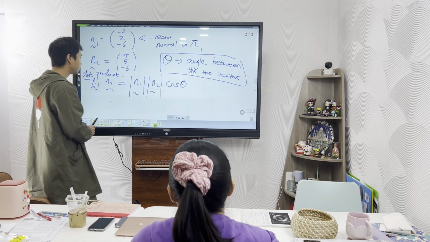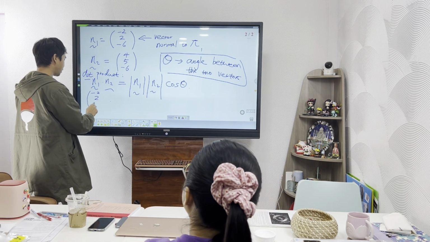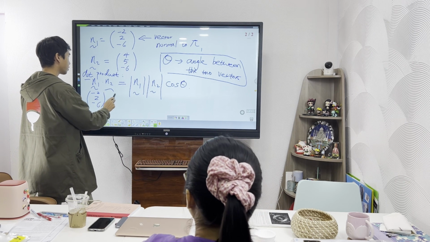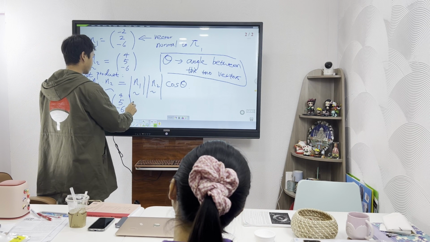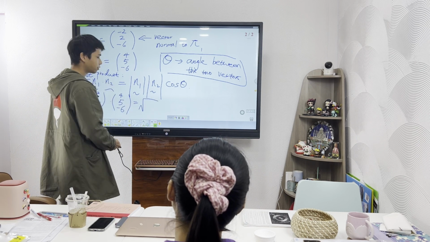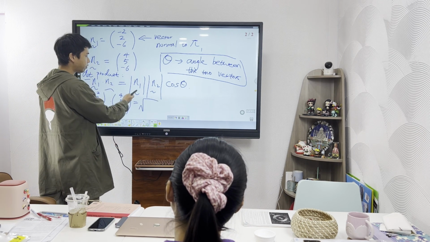Okay, so (-2, 2, -6) dot (4, 5, -6) equals the square root of the length of n1.